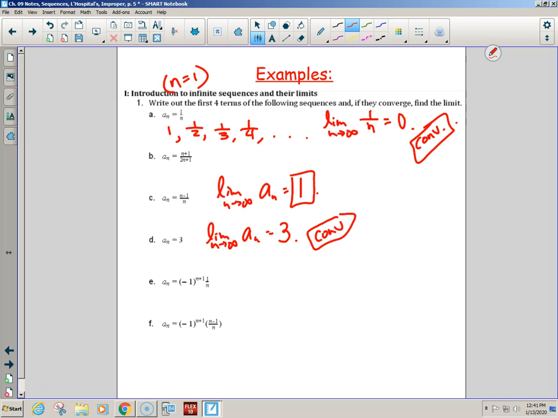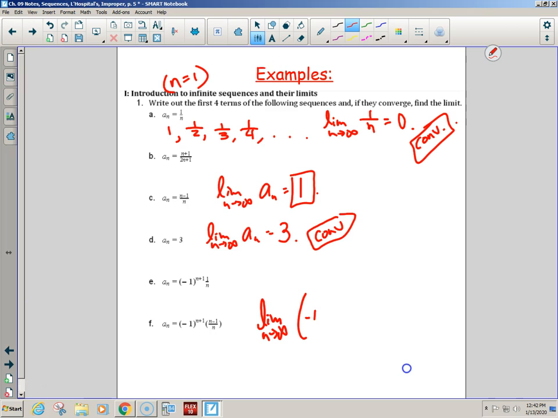Good. Now, it's not E, because even though this one is forever alternating, going back and forth, what's 1 over n stabilized to? 0. But what does negative 1 to the n over n stabilize to? Alternating.